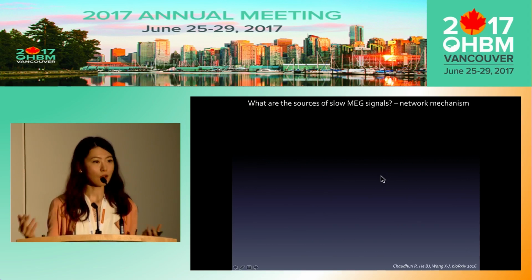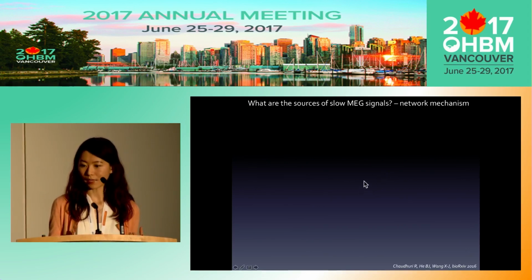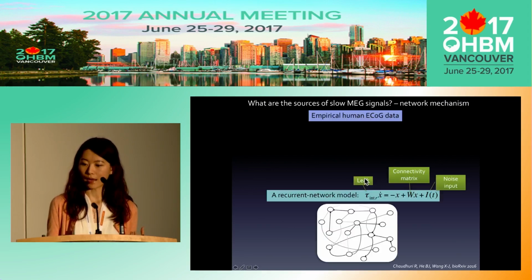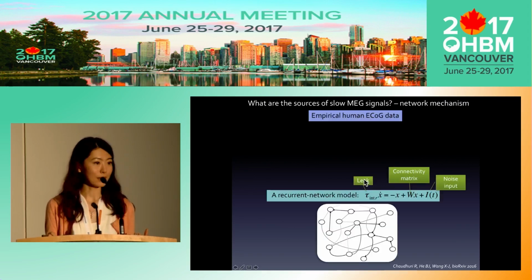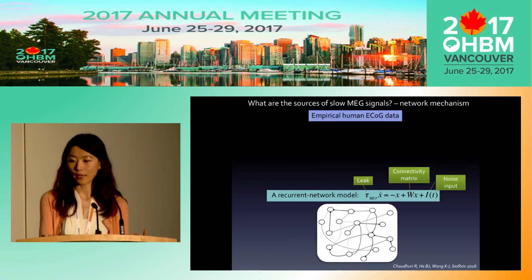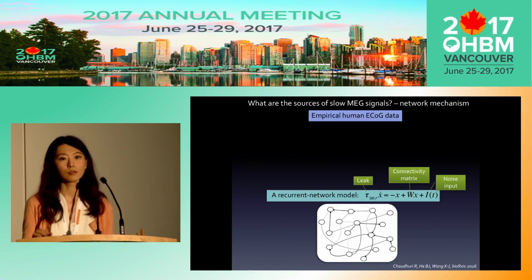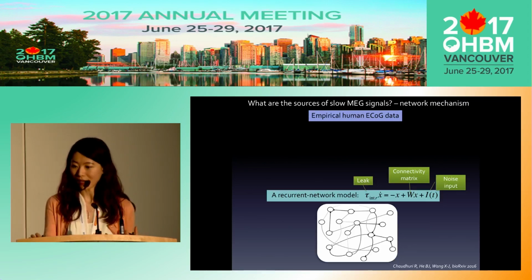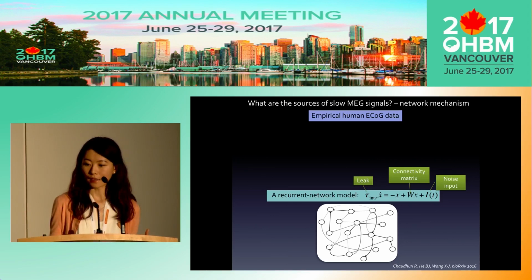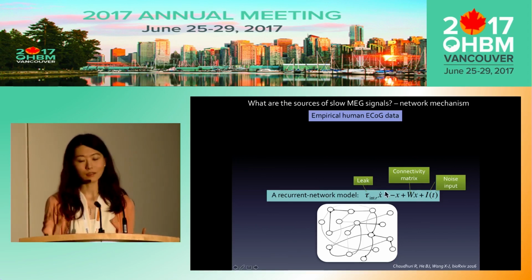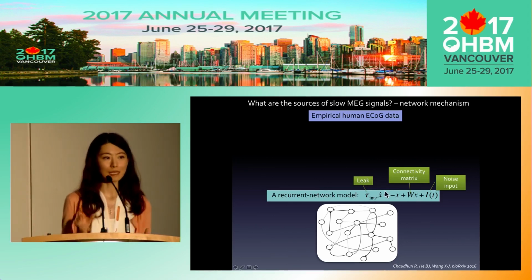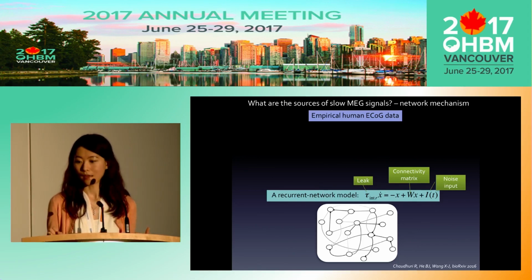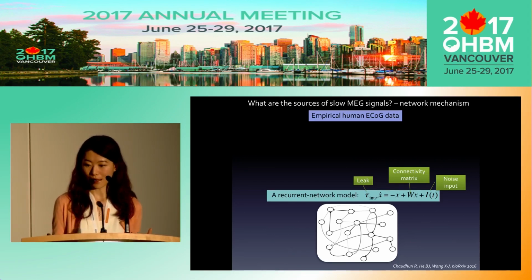So what is the source of broadband arrhythmic electrical field potentials? Several years ago, together with Xiao-Jing Wang's group, we constructed a neural network model to try to shed light on the generative mechanism of this signal. We used a very standard recurrent neural network model with minimal, biologically plausible mechanisms.